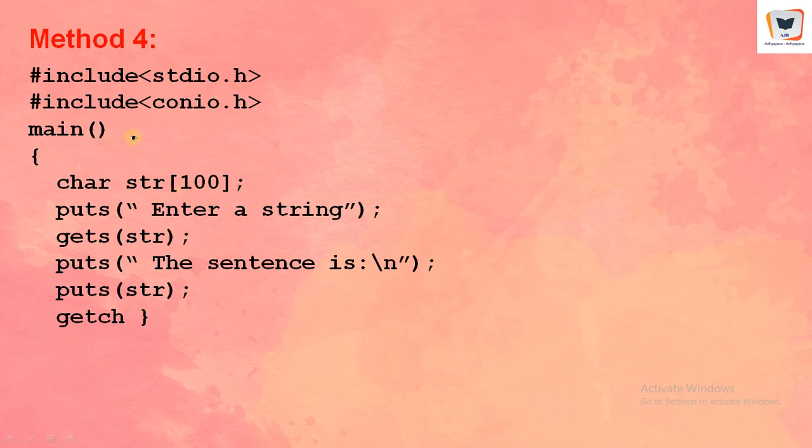Method 4. We initialize the string with 100 characters, enter a string, gets a string. There is a danger associated with gets, I should tell my respected viewers. If we try to enter a 100th character, the computer may crash, unable to understand what you want to insert.